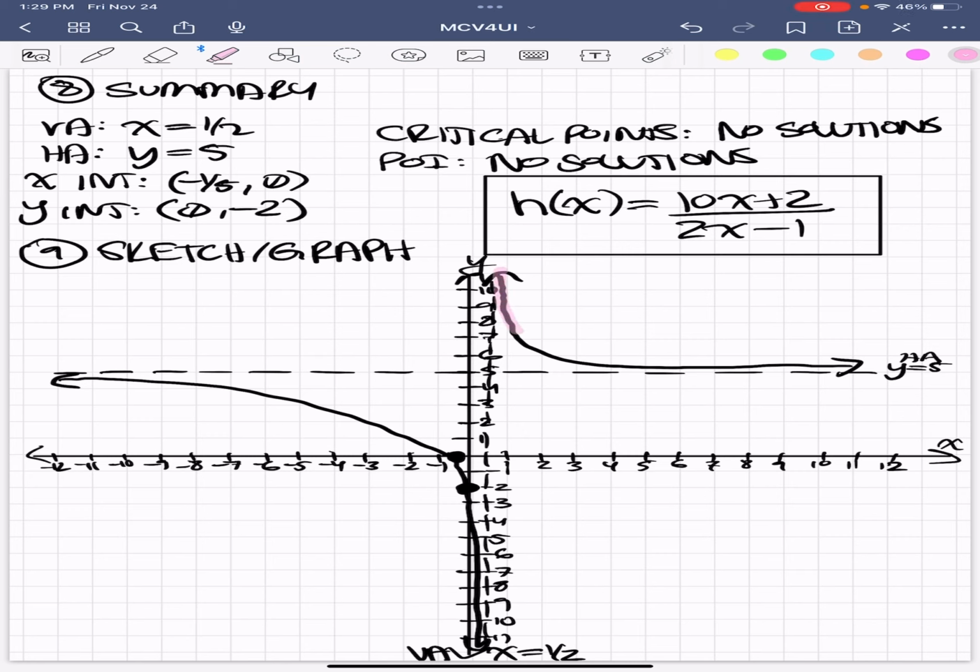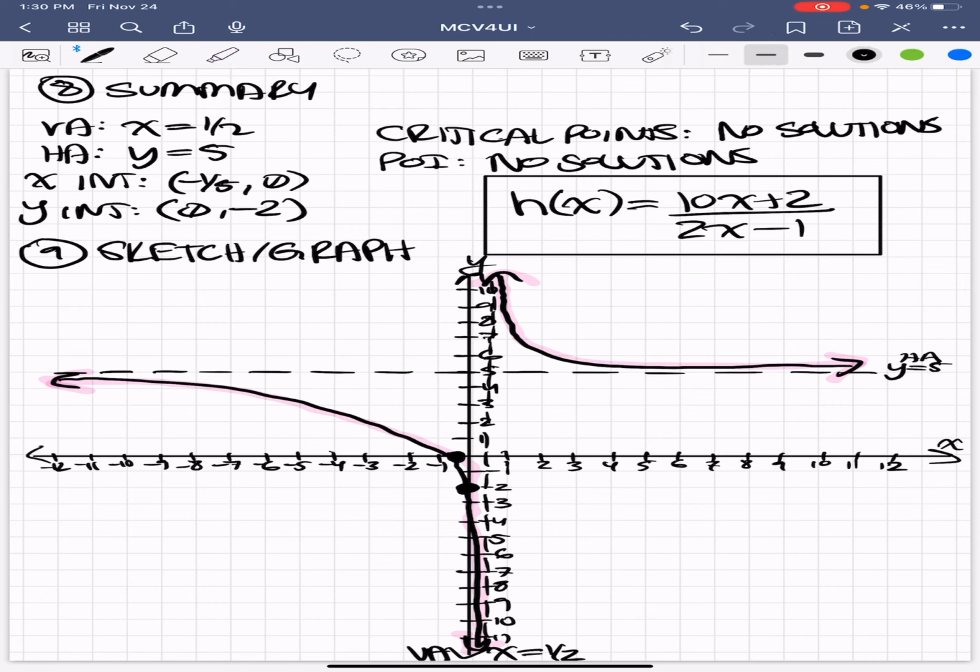You can highlight it if you want to. There you go. So it's the first rational question, and it's graphed to completion.